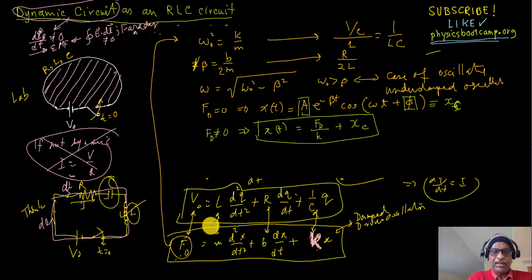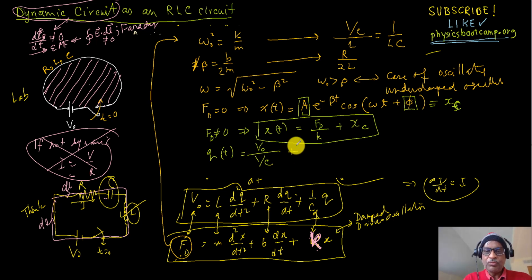So in the case of writing for q, q of t is equal to, what is Fd? It is V0, and what's the k? K is 1 over c. Q equals cV. That's really nice, right?